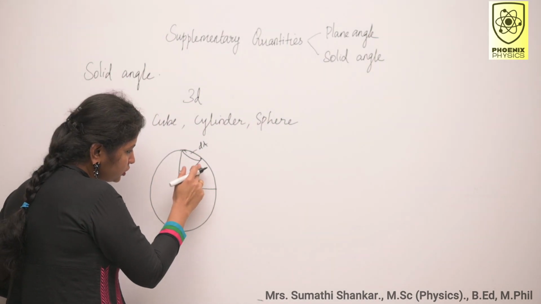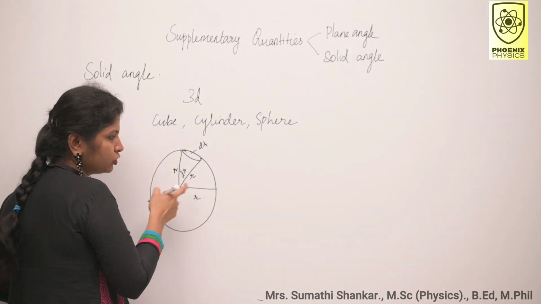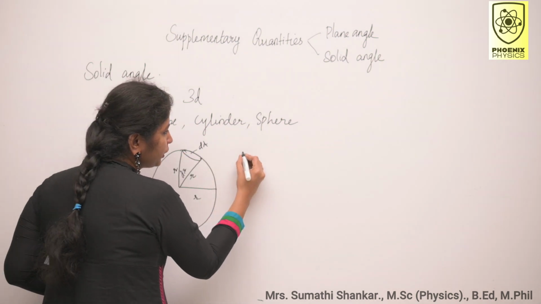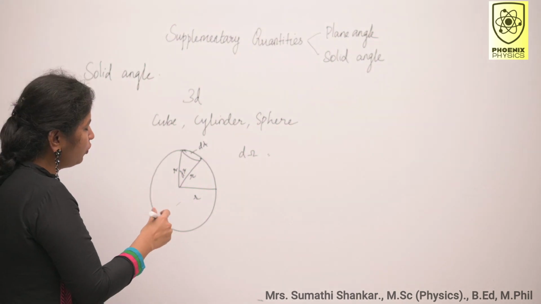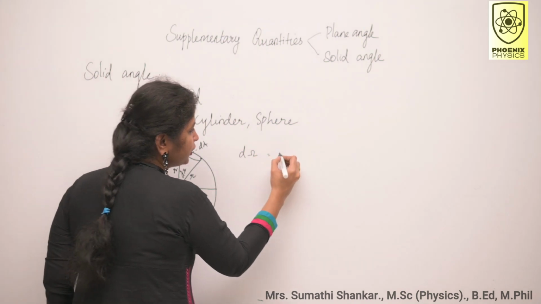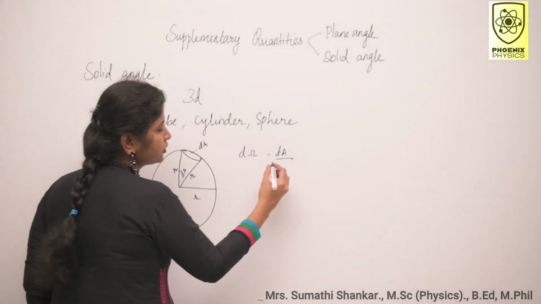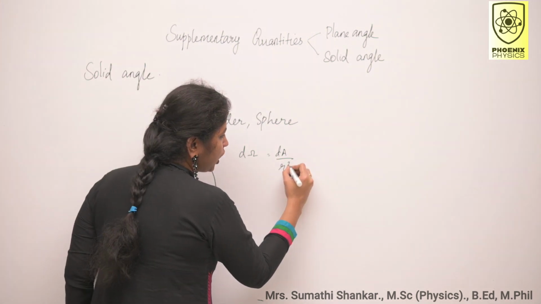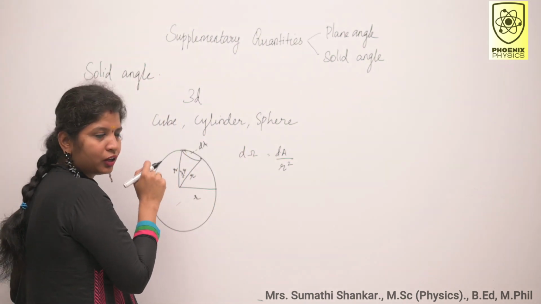So this is one radius and this is one radius, R. Then how will you define d omega? D omega is the ratio of the surface area of the sphere dA to the square of the radius of the sphere, so R square.